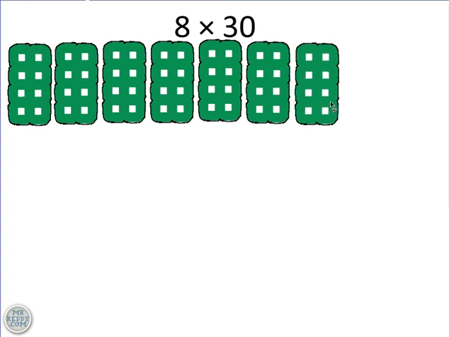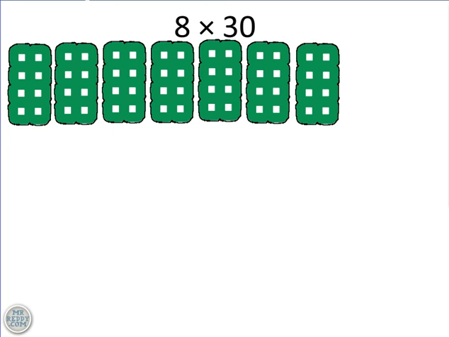So instead, what I can do is to use a timetable fact that I already know.